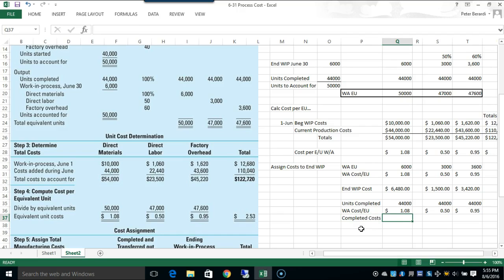And just do the math. 44,000 equivalent units times the weighted average cost per unit for direct materials, cost per unit for direct labor, cost per unit for factory overhead.